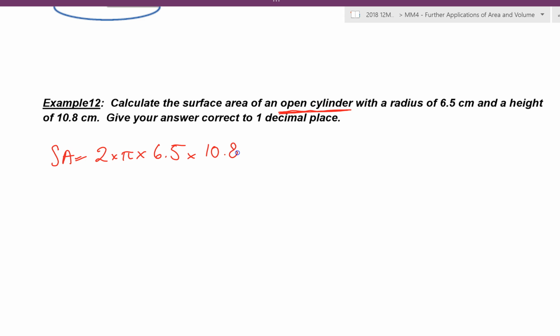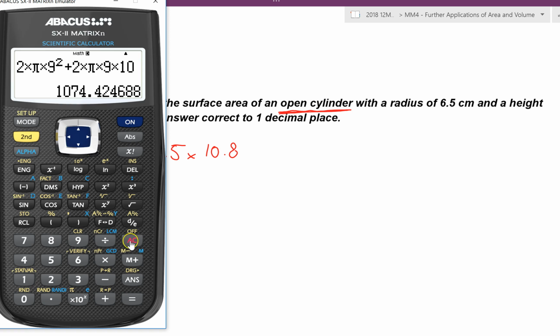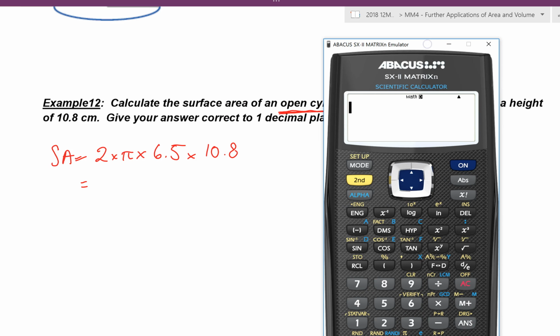I need my answer to 1 decimal place. It's going to be in square centimetres. Trusty calculator. 2 times pi times 6.5 times 10.8 equals 441.1.